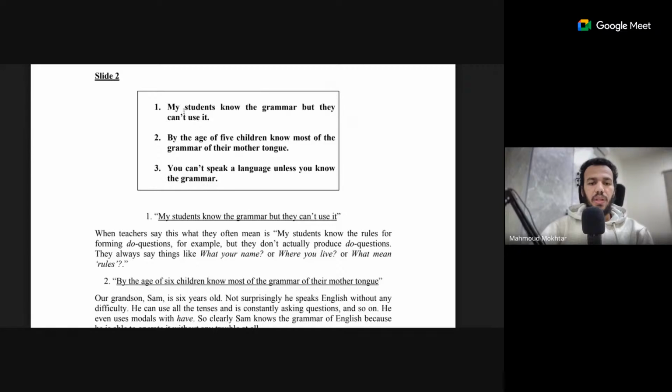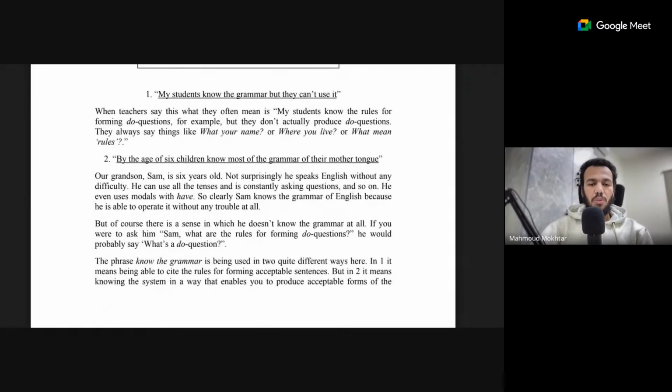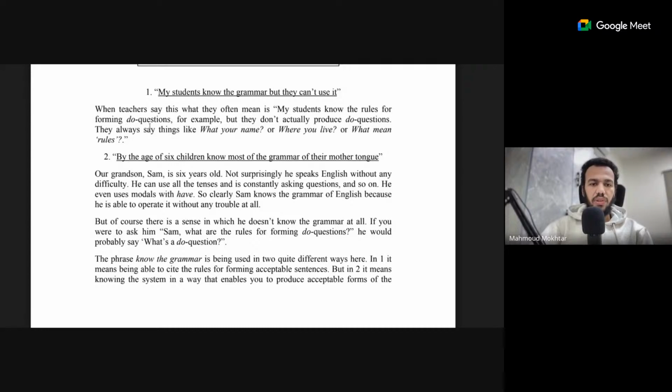Slide two. My students know the grammar, but they can't use it. By the age of 5, children know most of the grammar of their mother tongue. You can't speak a language unless you know the grammar. First quotation: my students know the grammar but they can't use it.